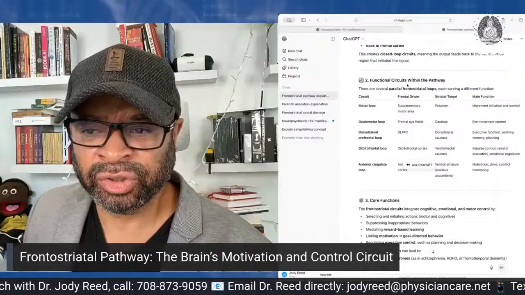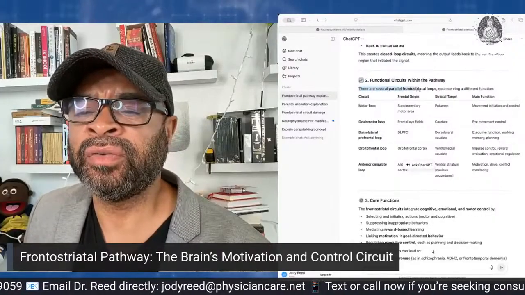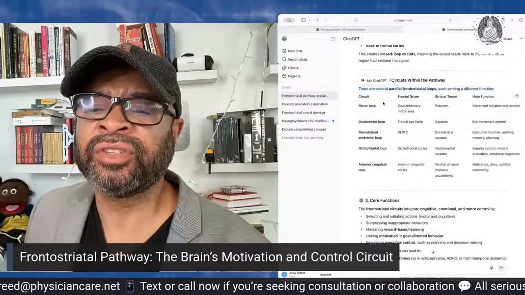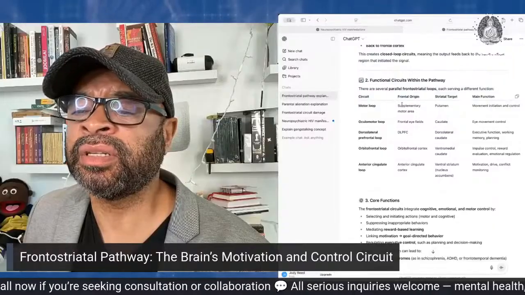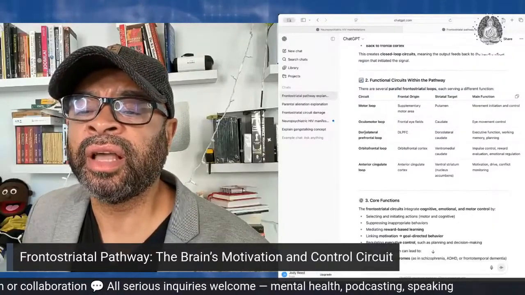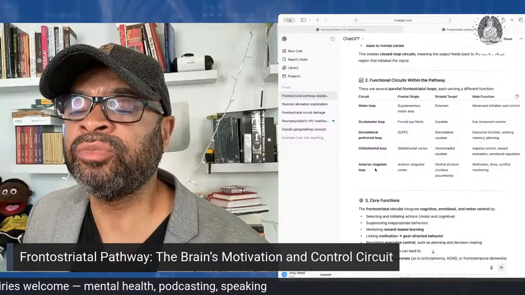Okay, the functional circuits within the pathway.